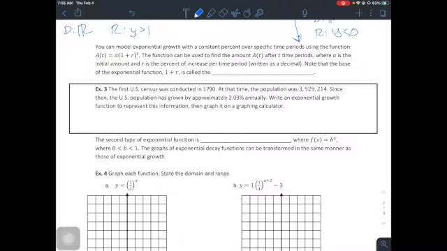You can model exponential growth with a constant percent over specific time periods using the function A of t is equal to a times 1 plus r to the t power. So the amount is A of t. T is the time period, so whether that's weeks, days, years, whatever. The lowercase a is the initial amount. So it's really confusing when we have an uppercase and a lowercase a.